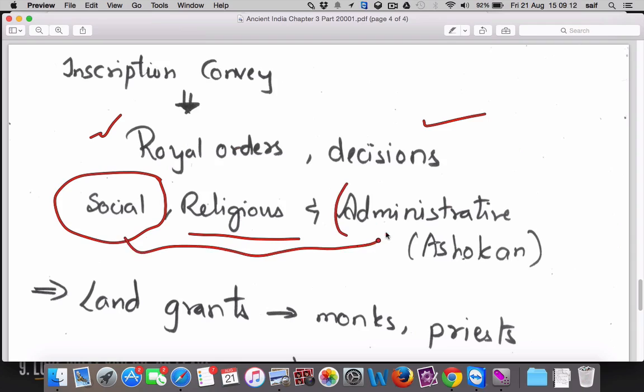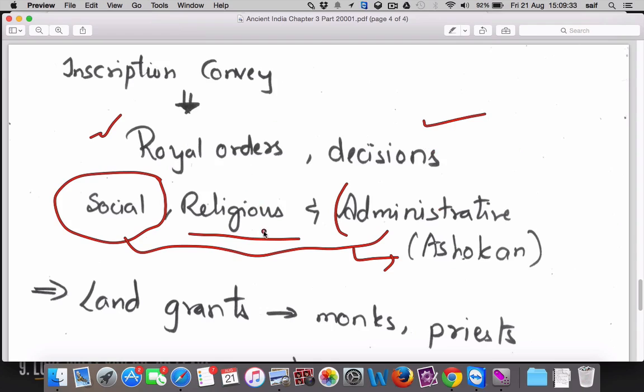This inscription was done in the Ashoka period, but prior to that era we are not able to decipher what is there. So social, religious and administrative royal orders are all there in the Ashokan inscriptions.